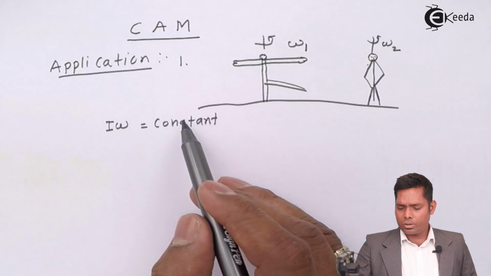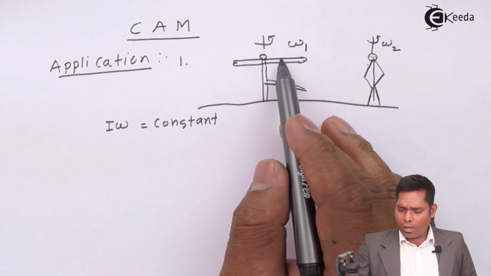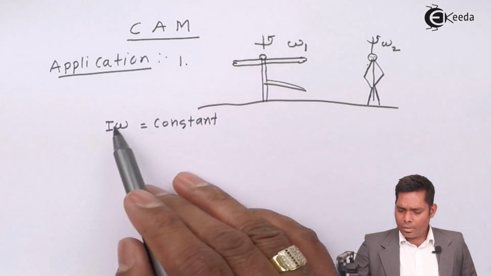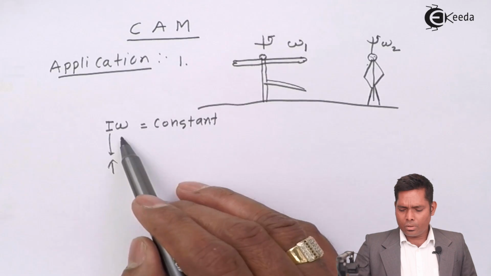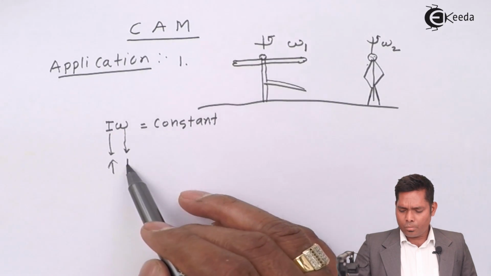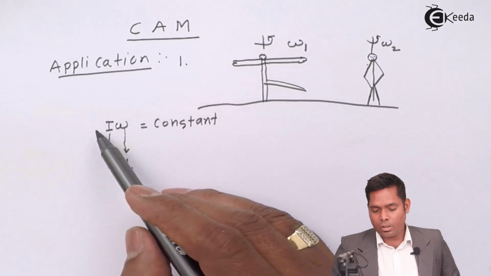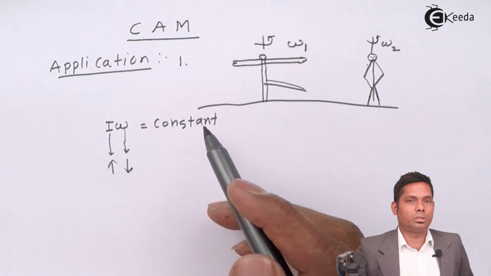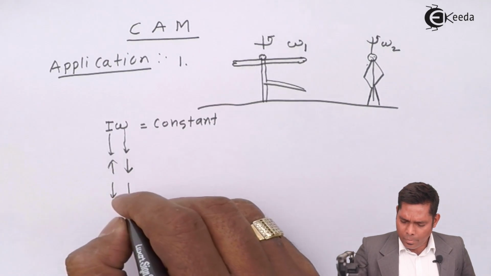When I omega is constant, then by variation of I, if I increase the I value, then omega has to decrease, because if one increases, the other has to decrease, so that the product is constant. If I decrease the I value, omega has to increase.